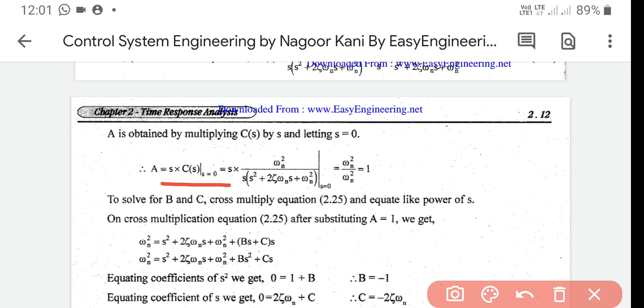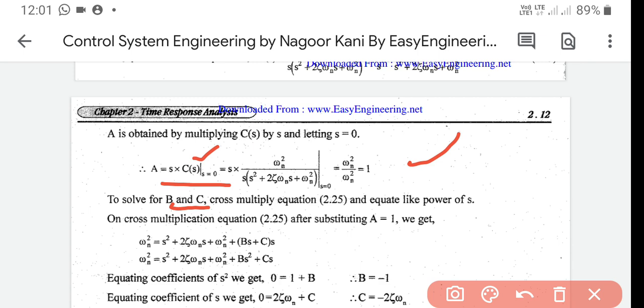After substituting the C of S value, omega n square by S into S square plus 2 zeta omega n S plus omega n square, S and S get cancelled, and then you substitute S equal to 0. So what is the final value? Omega n square by omega n square, that is equal to 1. Okay, so now you have the residue value of A. Now you should find the residue values of B and C.